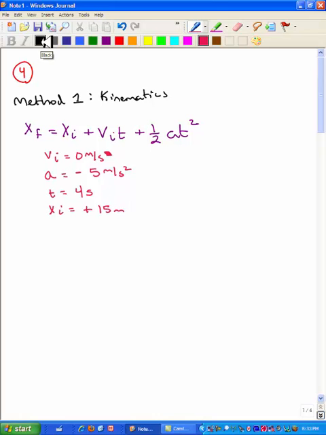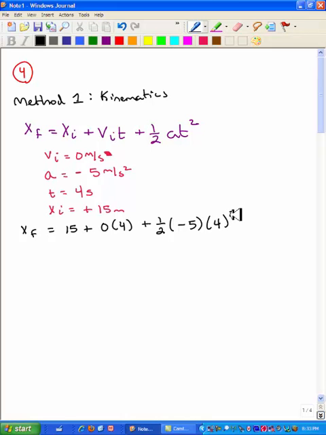So let's plug everything in. Okay, initial position was 15 plus initial velocity 0 times 4 plus half times negative 5 times 4 squared.